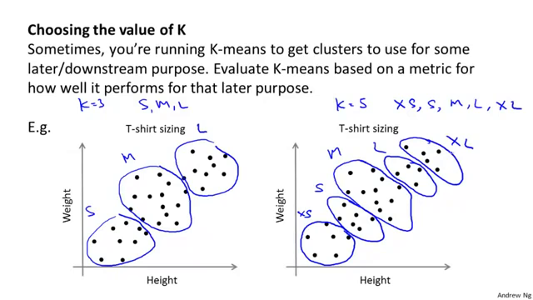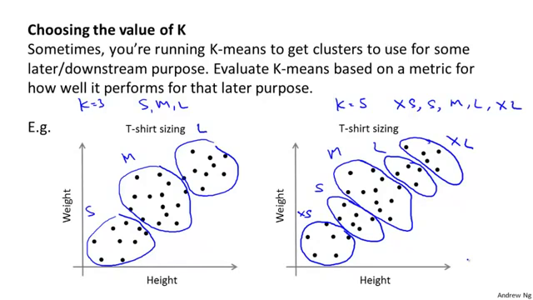What really makes sense from the perspective of the t-shirt business: do I want to have more t-shirt sizes so that my t-shirts fit my customers better, or do I want to have fewer t-shirt sizes so that I make fewer sizes of t-shirts and I can sell them to the customers more cheaply? So it's the t-shirt selling business that might give you a way to decide between 3 clusters versus 5 clusters. That gives you an example of how a later downstream purpose, like the problem of deciding what t-shirts to manufacture, can give you an evaluation metric for choosing the number of clusters.